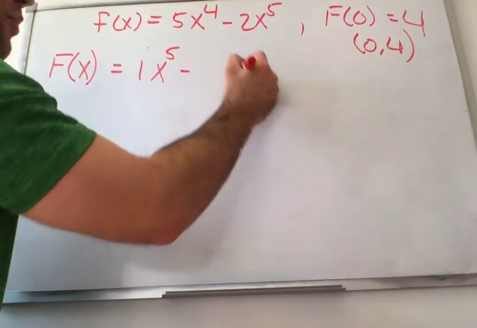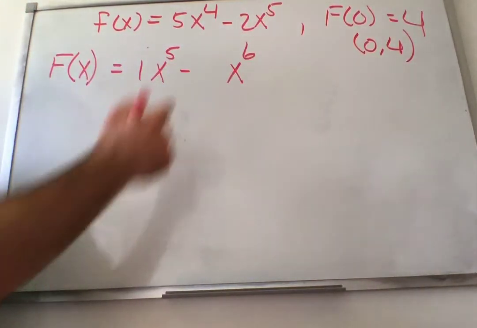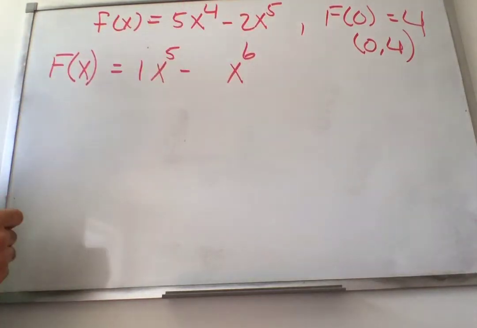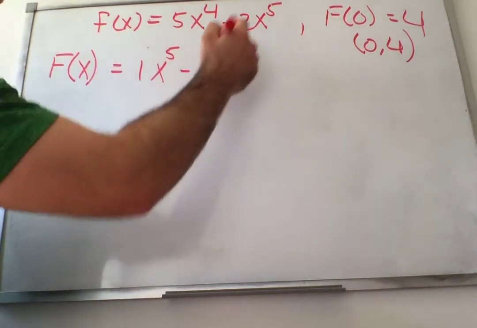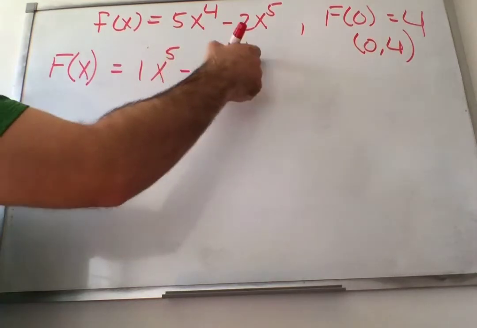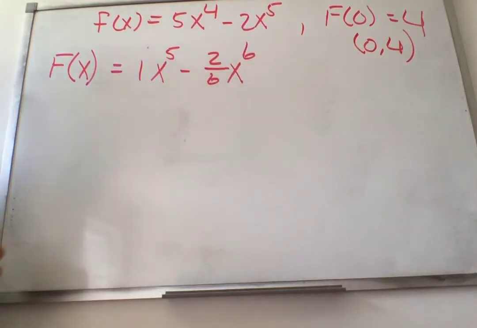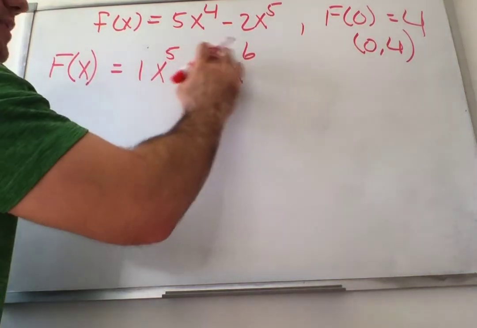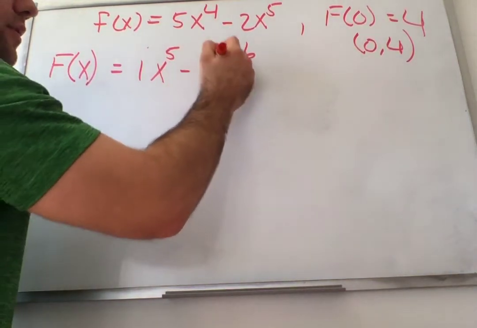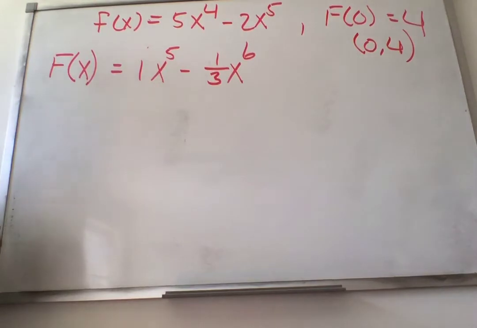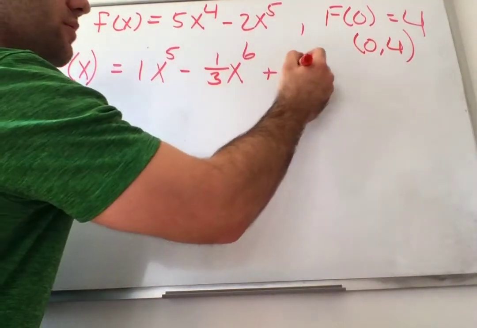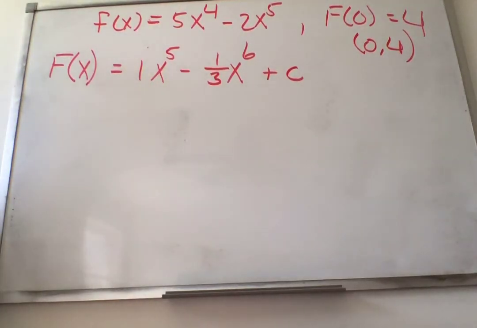Minus, go up 1 power, x to the 6th, 5 going up 1 power gives you 6. And then I divide the coefficient by the exponent. You get 2/6 there, which simplifies to 1/3. Now, don't forget the plus c.